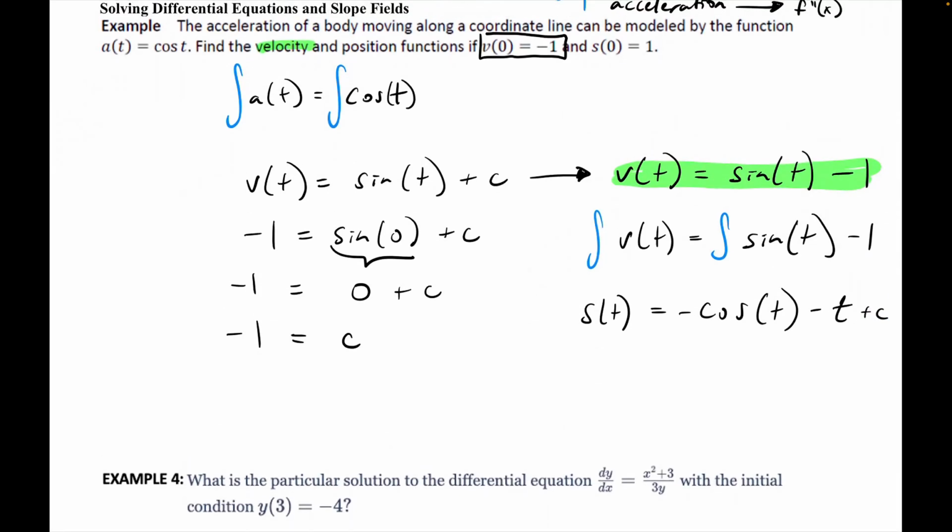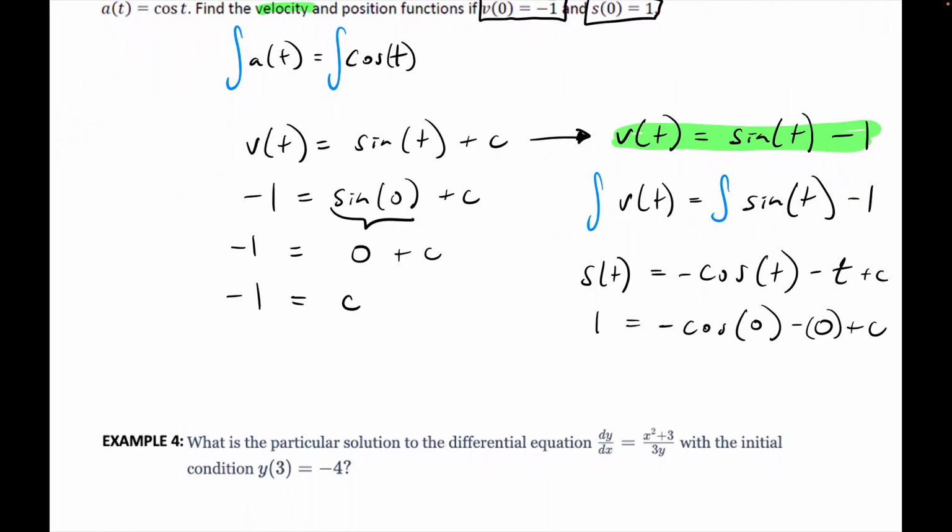Okay, so now we're going to use the other point to figure out what c is. So s of 0 is 1. I get 1 equals negative cosine of 0, which is -1, minus 0 plus c.